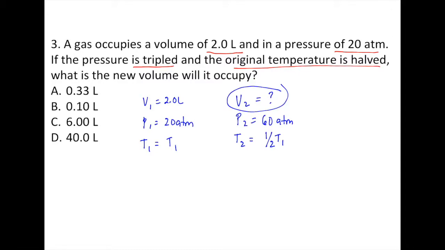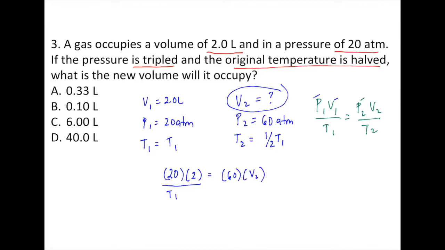Writing now our general formula, which is P1 V1 over T1 equals P2 V2 over T2. Writing now our solution, P1 here we have 20 atm multiplied by the V1, which is 2 liters, over T1, equals P2, that is 60 atm, and for the V2, that is actually the unknown, over the T2, that is 1/2 of the T1.